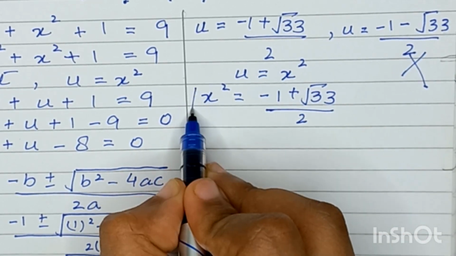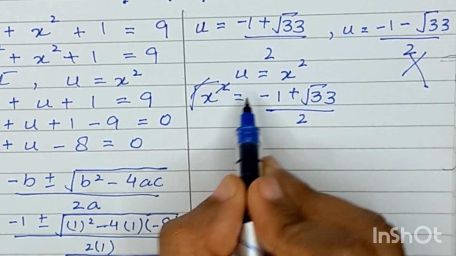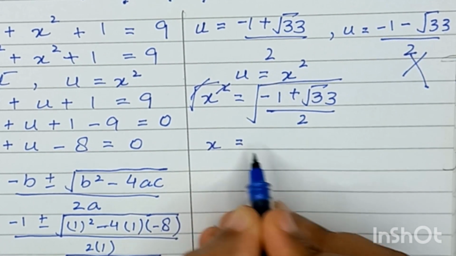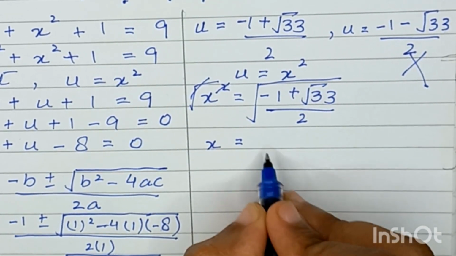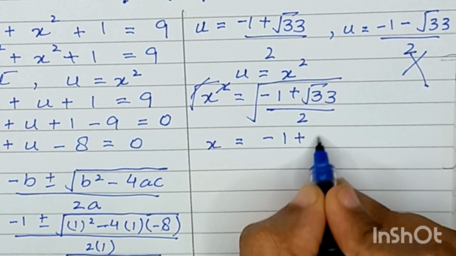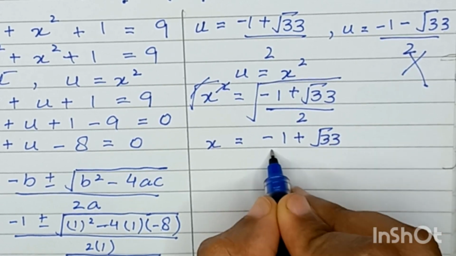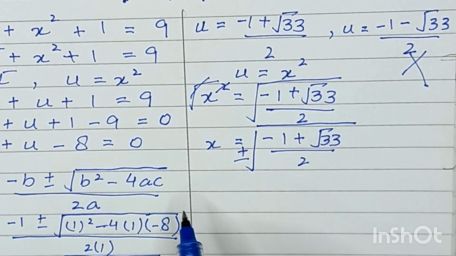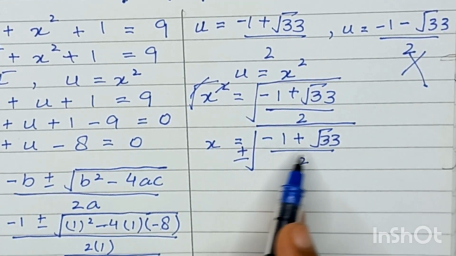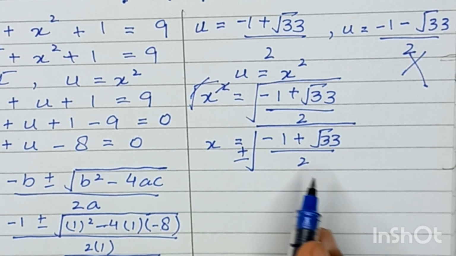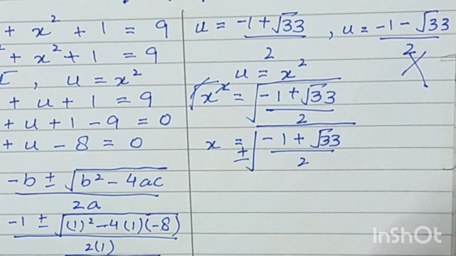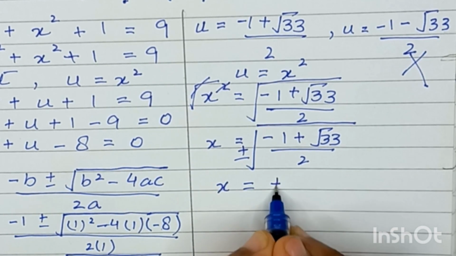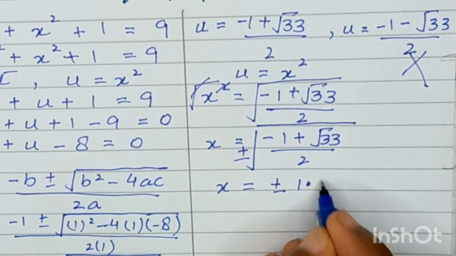Taking the square root on both sides to remove the square, the value of x is equal to plus or minus the square root of (minus 1 plus square root of 33) divided by 2. If we put this value in the calculator, according to the calculator the value of x is equal to plus or minus 1.54.